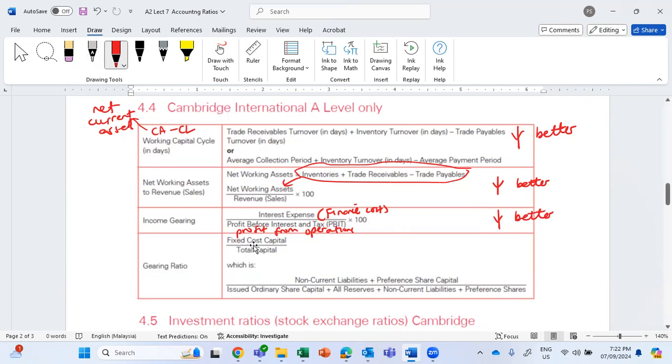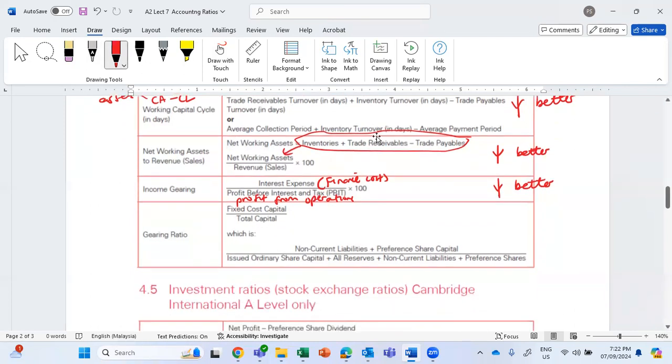Okay, then we have the gearing ratio. The gearing ratio is fixed cost capital over total capital. This one is from the Cambridge website; they haven't updated. Forget about preference share because it's off the syllabus. Fixed cost capital refers to capital that we obtain and we have to pay a fixed cost for it.